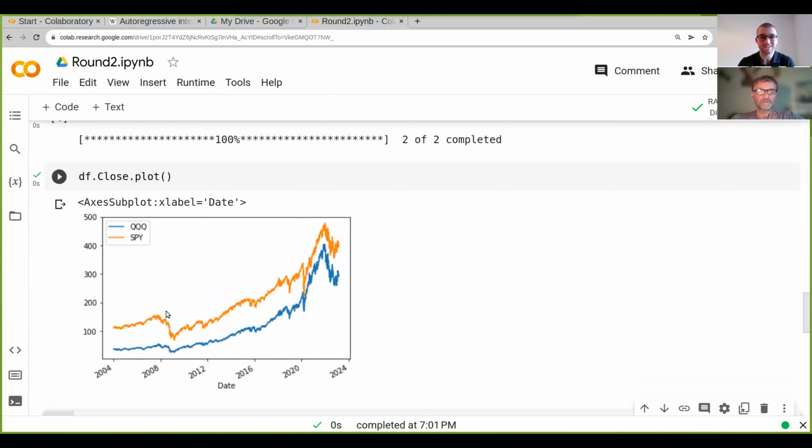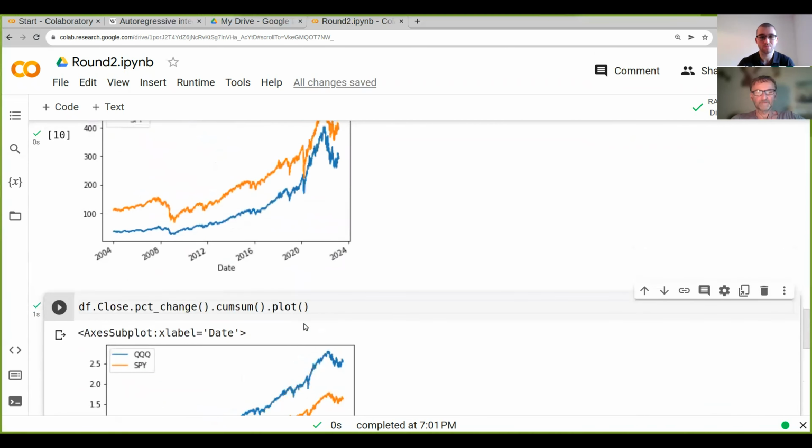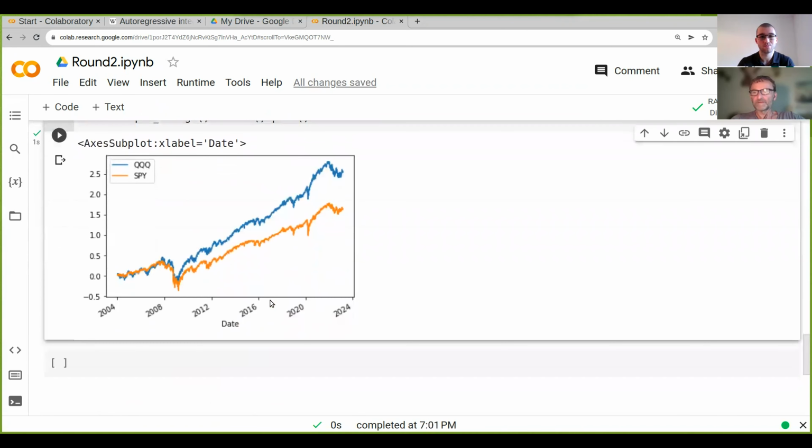Not necessarily, but you can see those drops here, and look at them here. They're much smaller, right? So the curves look somewhat different. This is because what we're plotting here is what you call logarithmic returns.